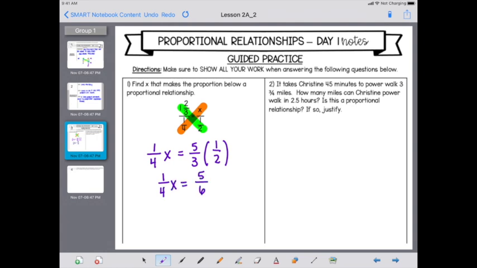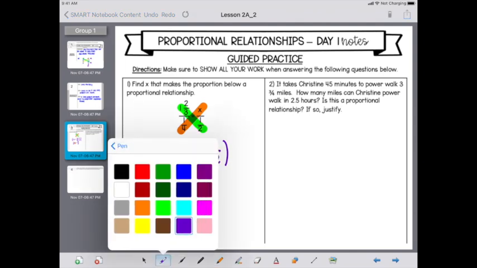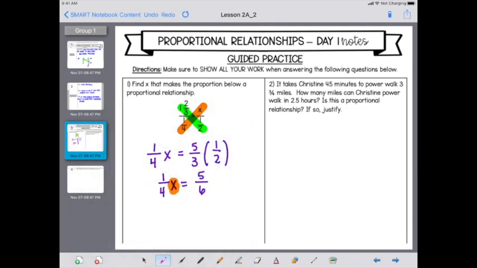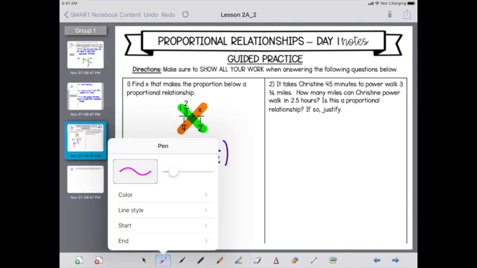I'm just going to rewrite this. And then I want to isolate my variable. This is the value of x that's going to make the proportion have a proportional relationship. So what I have to do, I have to divide by 1/4 on both sides.